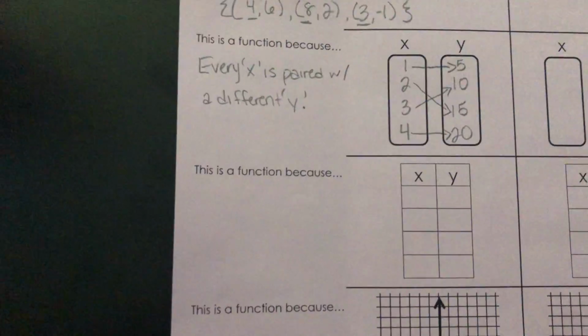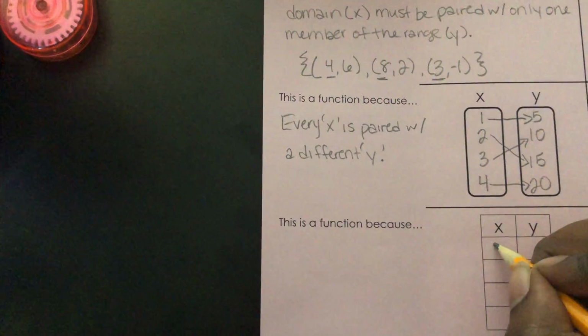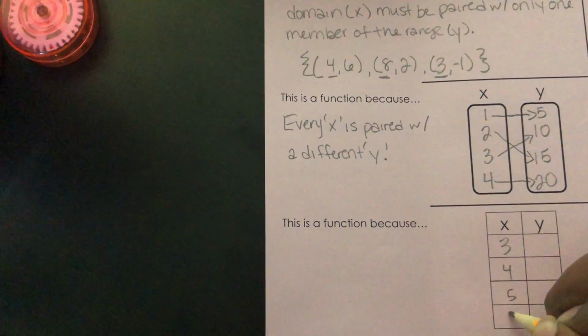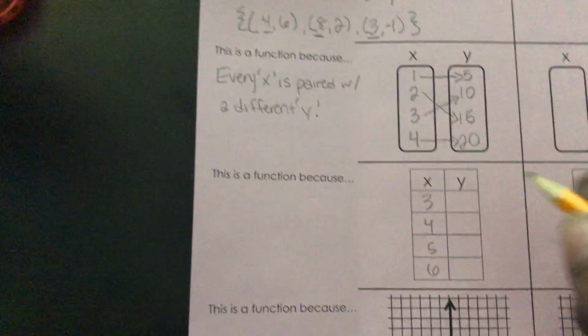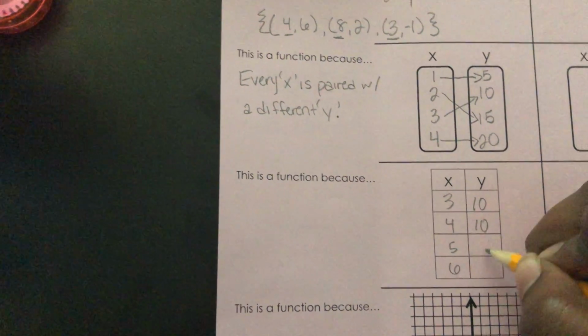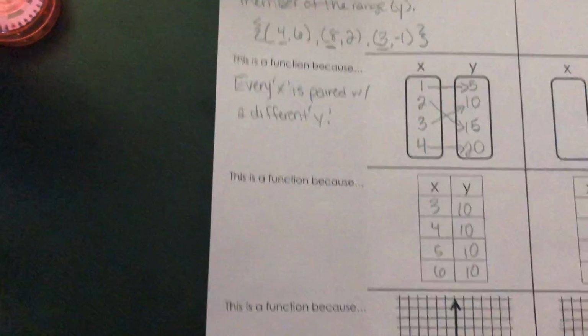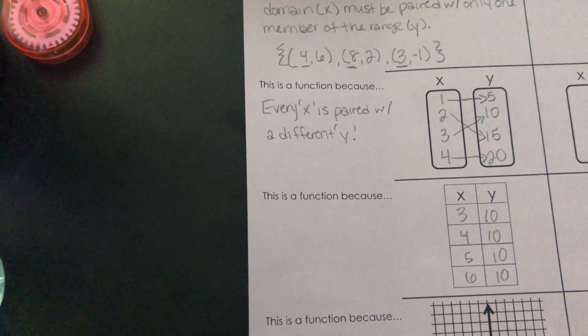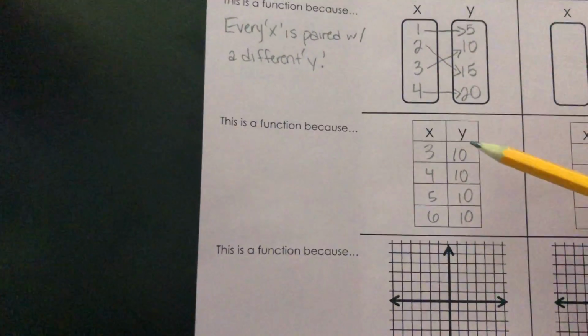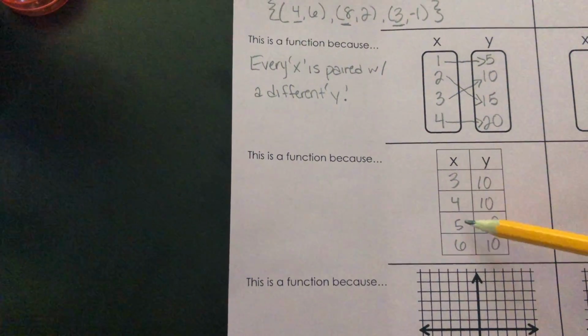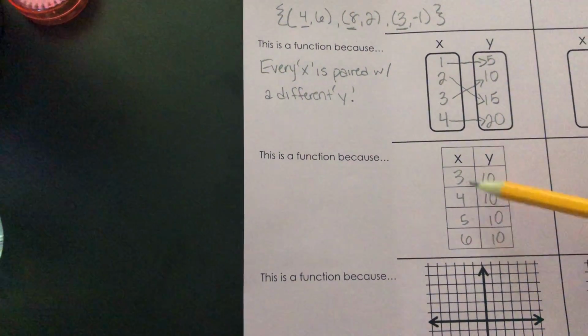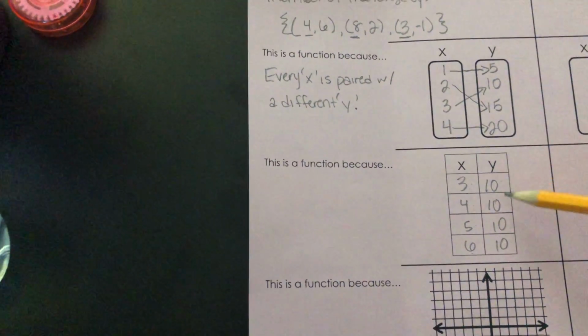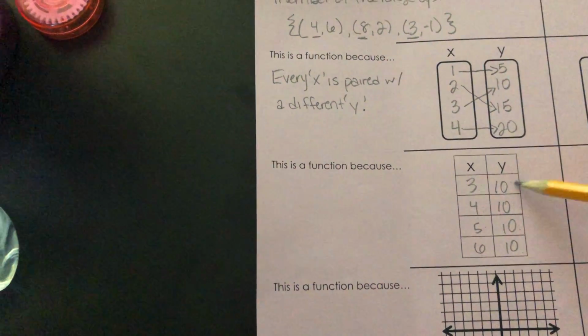Just a regular old table. Let's say this table says 3, 4, 5, and 6 in the x's. Then in the y's it says 10 going all the way down. This is going to be considered a function because if you look right here, are your x's repeating? No, they are not. Your y's are, but it's okay for your y's to repeat.